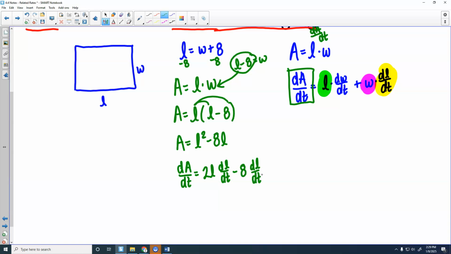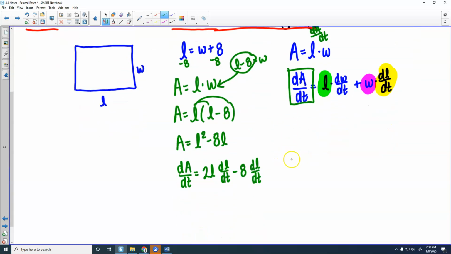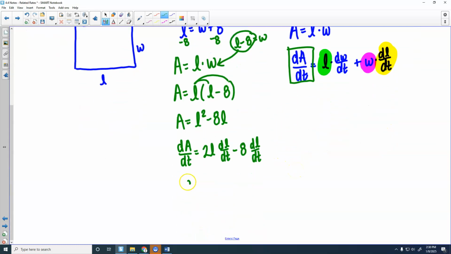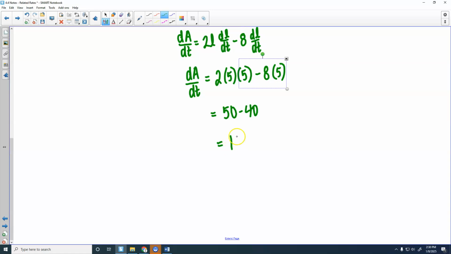So now we're just plugging in. We don't have to worry about what W is because it's gone. Now it's not part of our problem. We know L is 5 and dL/dt is 5. So dA/dt is going to equal 2 times 5 times 5 minus 8 times 5. And we are going to get 50 minus 40, and we will get 10 for that.